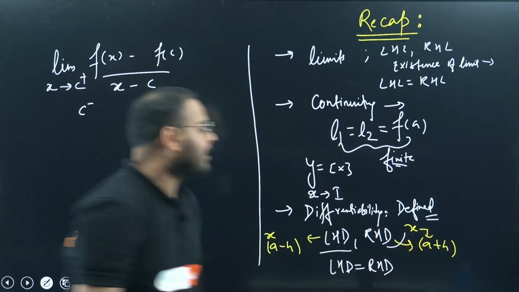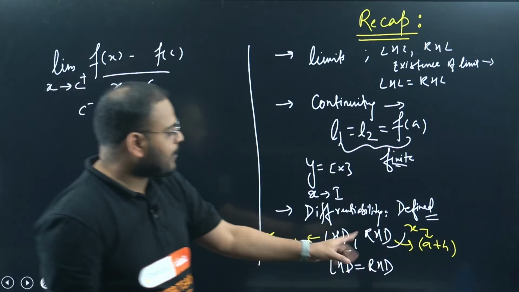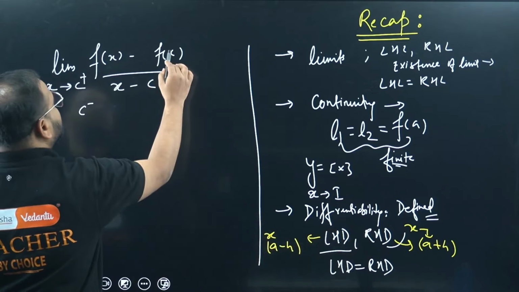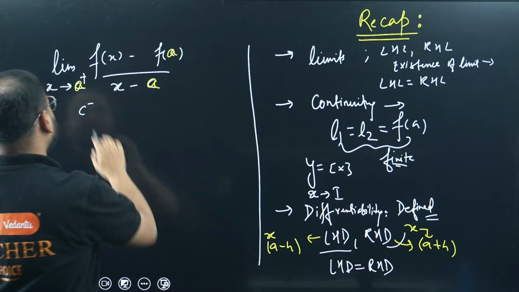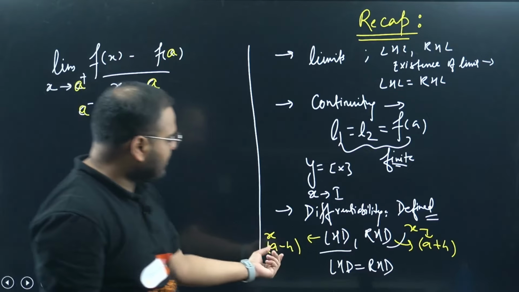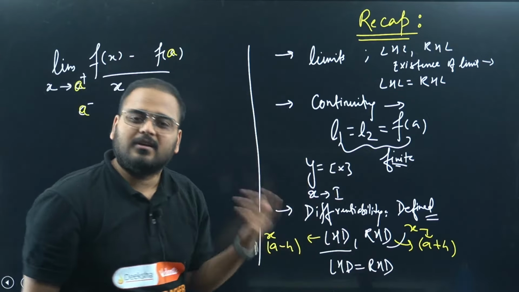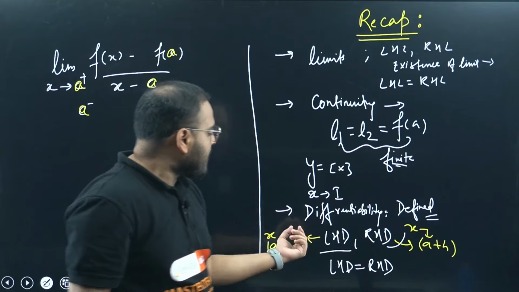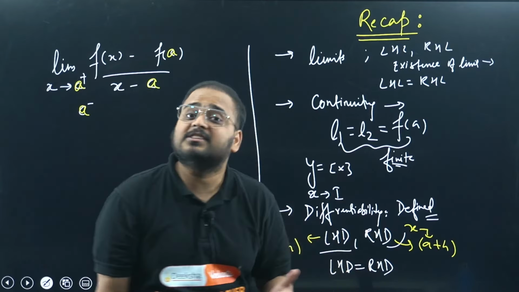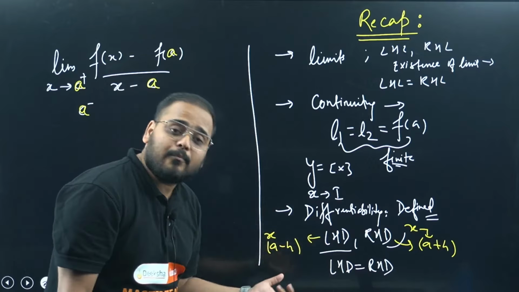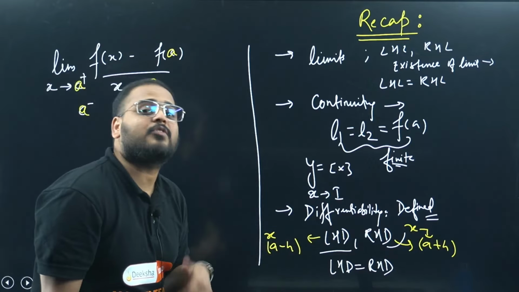For x we substitute a plus h, and in that case it was a, not c. So if I'm taking a here, let's take a there also to avoid any confusion. When we find the LHD and RHD values, we compare them. If they are equal, the function is differentiable at x equals a. If not, then we say the function is non-differentiable.